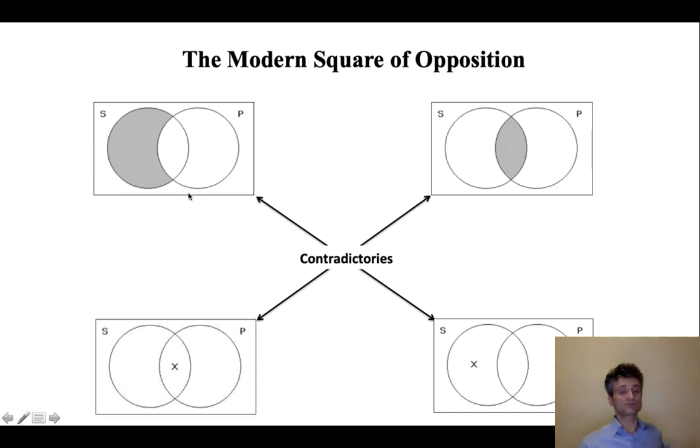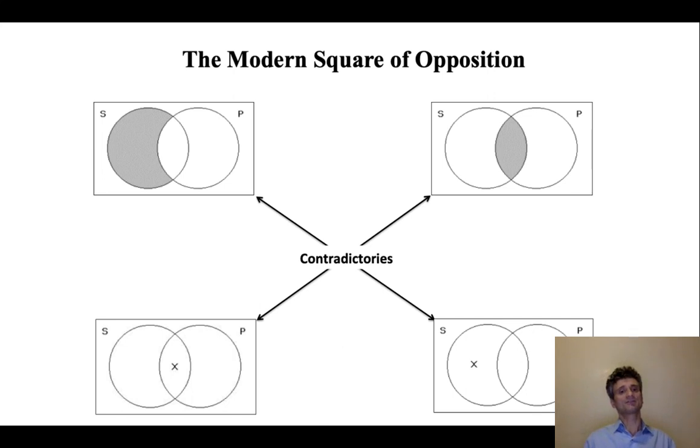As I demonstrated a second ago, A can be true, okay? But according to superalternation, it is a logical necessity that if I is false, A must also be false. But that's not the case. Consequently, again, the last relationship is gone.